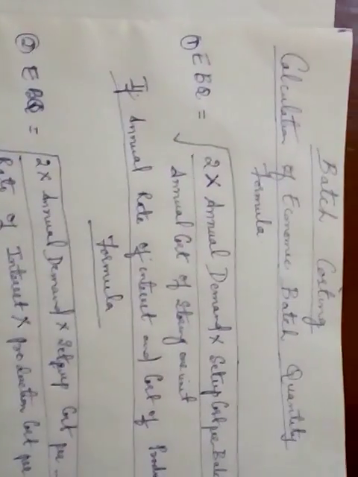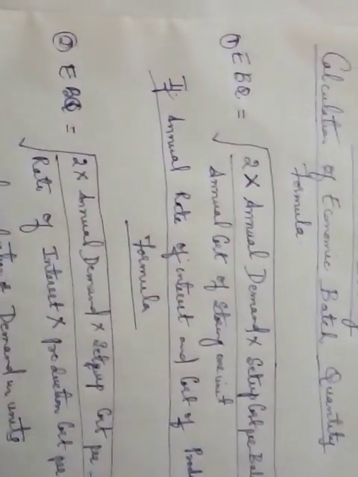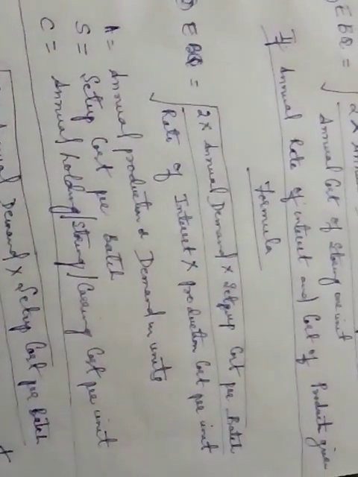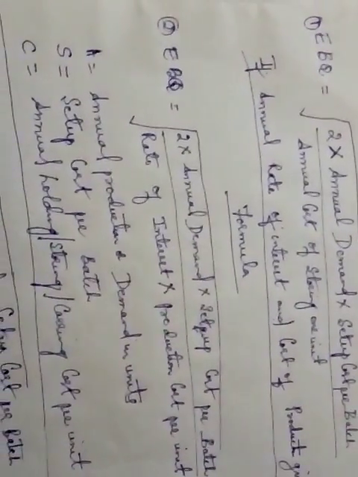So with this, I hope you understand the calculation of economic batch quantity. Formula number 1, formula number 2. In case rate of interest is given, formula number 2.